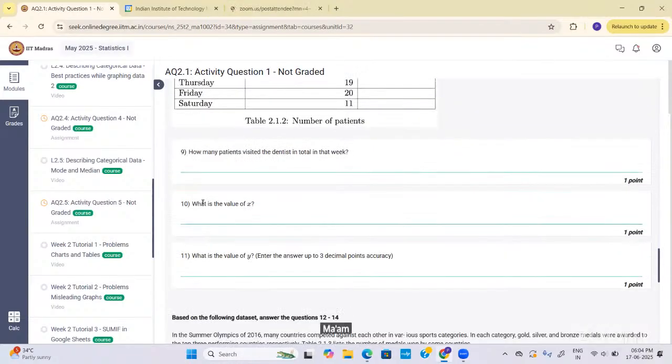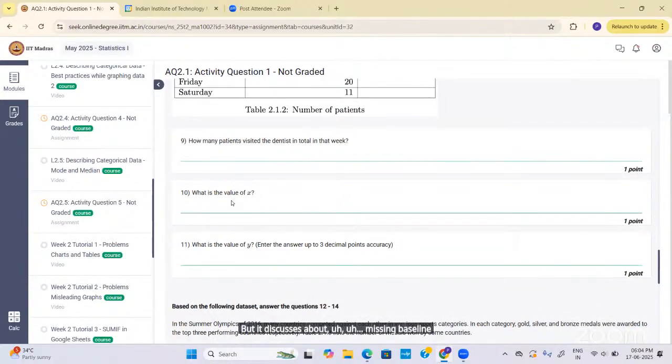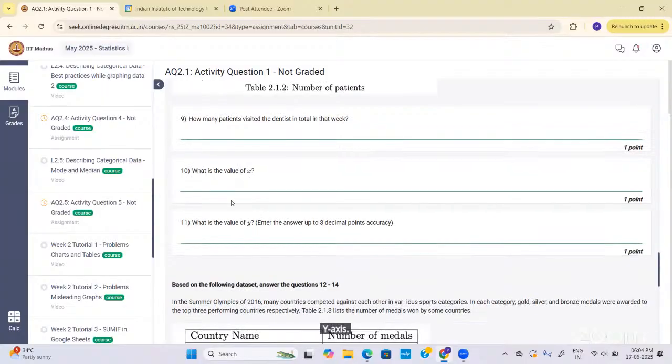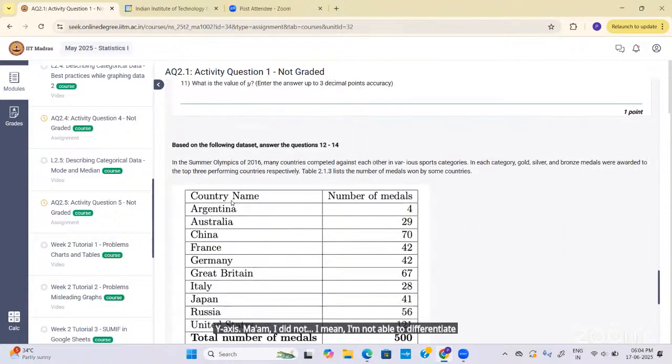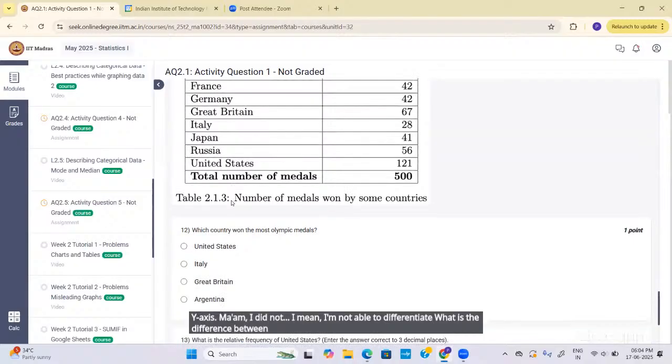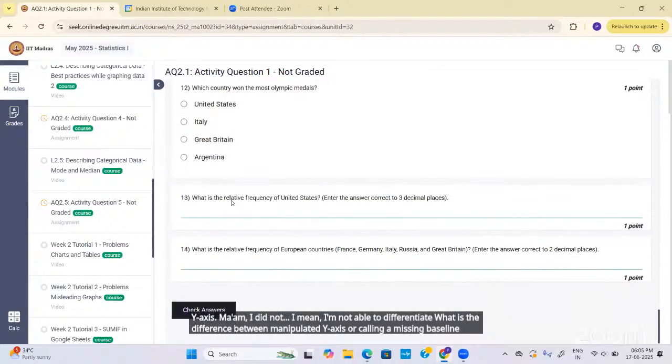Ma'am, I have a question. It is related to one of the activities. I don't have a number, but it discusses missing baseline or manipulated y-axis. Ma'am, I'm not able to differentiate the difference between a manipulated y-axis and a missing baseline.